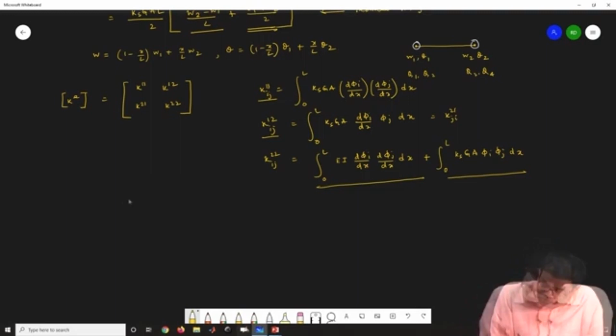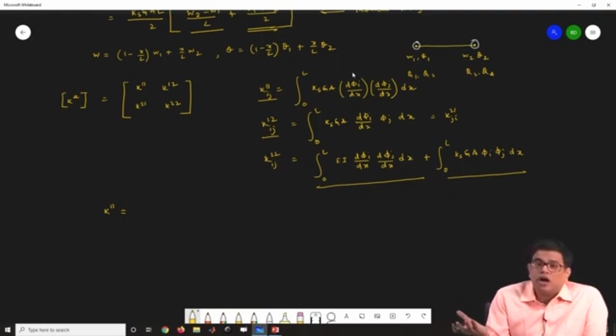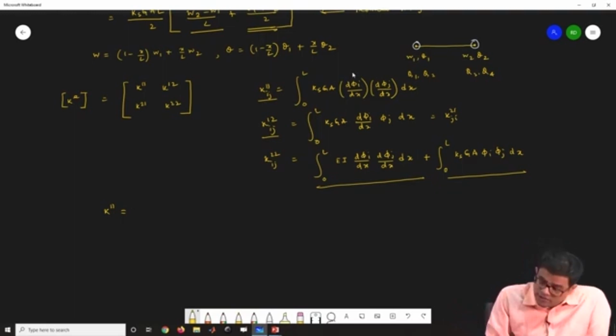So K11 looks like this, the same as the bar stiffness matrix but with Ks G A, divided by L, obviously, with 1, minus 1, minus 1, 1. So this is my K11 submatrix.